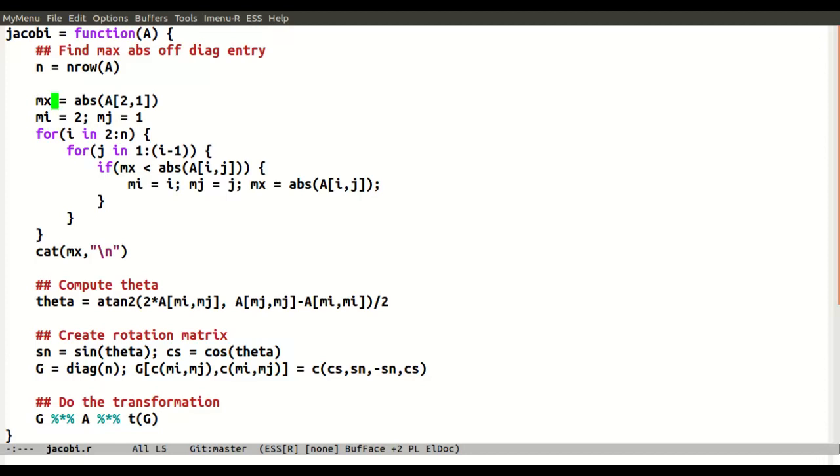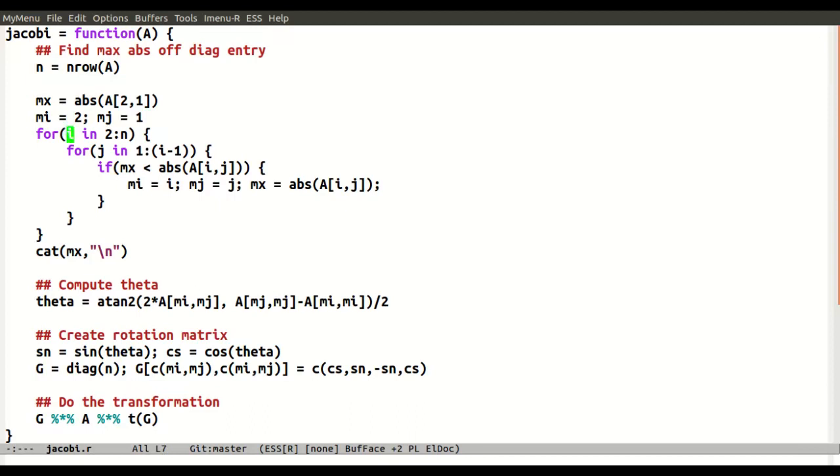So we have to fall back on the usual nested loop solution for finding out this position of maximum. So first we take n equal to nrow of A, and then I initialize the current maximum as the first off diagonal entry A21, absolute value of that, and its position is 2 and 1. This is the position of the maximum observed so far. We are just starting, so the 2 1th element.